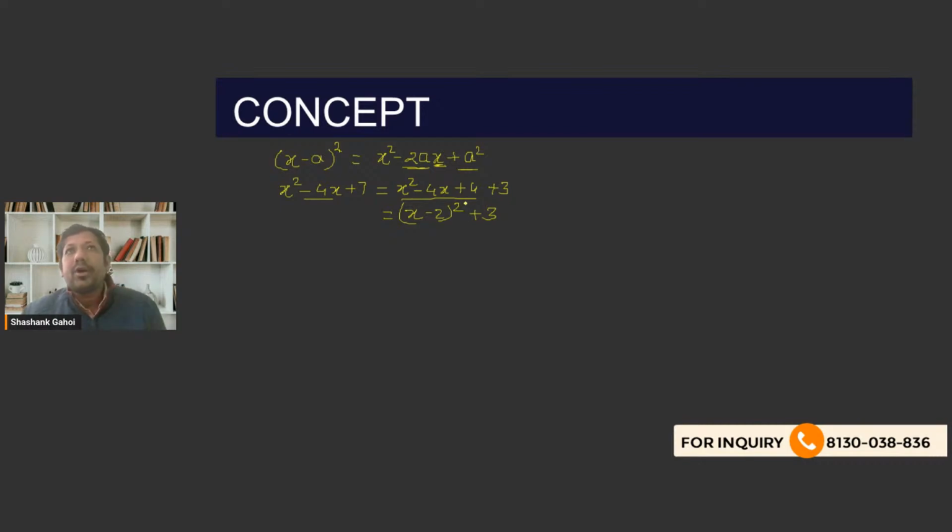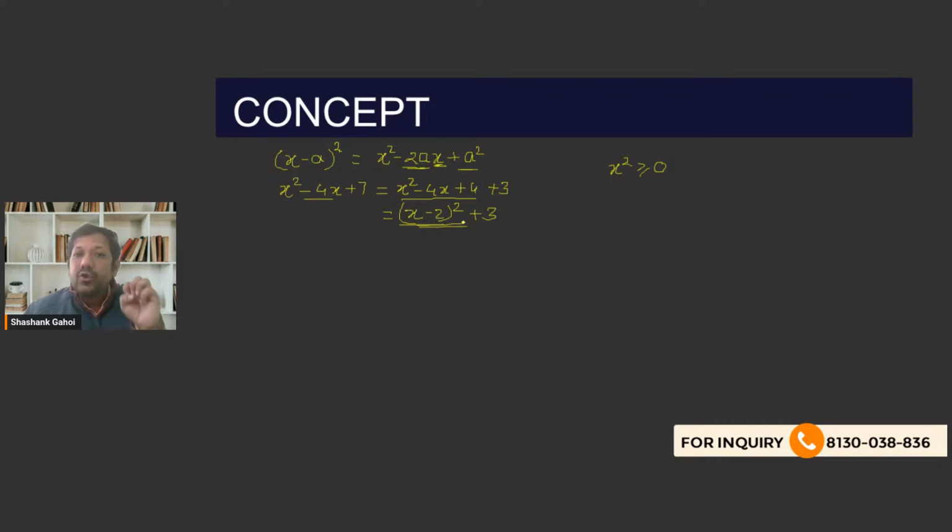So whenever we talk about a maxima or minima of a quadratic equation, we can figure out the maximum value or minimum value of the quadratic equation by making it a perfect square. That is one of the ways to solve it. So we already know that a perfect square can never be negative, right? So this value can never be negative.